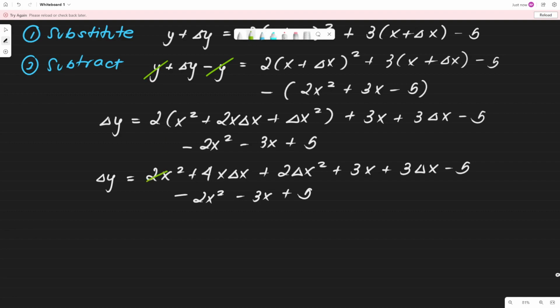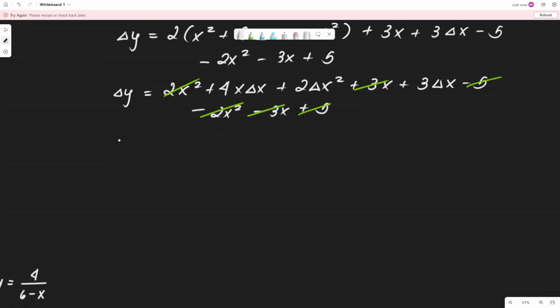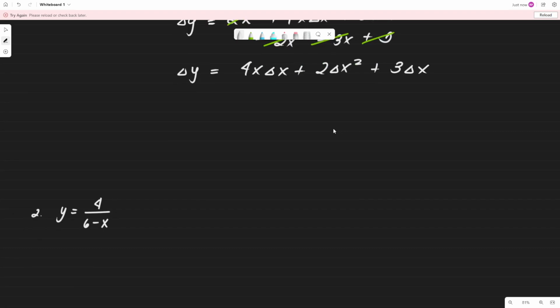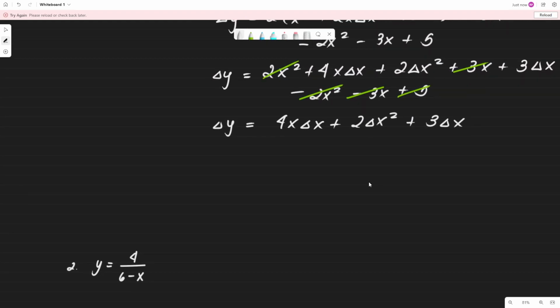In this case, no, so 2x squared minus 2x squared, then we have 3x minus 3x, then we have negative 5 plus 5. So all of them is equivalent to 0. So therefore, delta y, sorry, is equal to 4x delta x plus 2 delta x squared plus 3 delta x. Now, no, so we already have this one, so we're going to divide both sides by delta x, step 3.